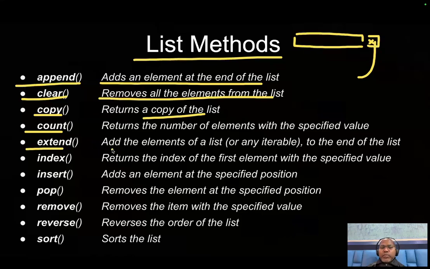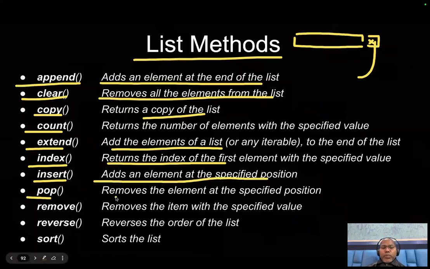Extend adds more elements, like a join. Index returns the index. Insert adds an element at a specific position. Pop removes the element from a specific position. Remove, reverse, sort, all these functions we have, you can just explore them.